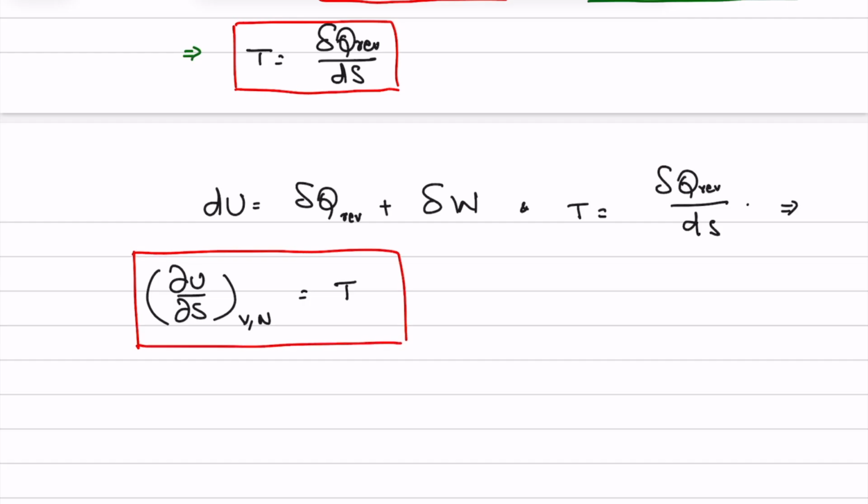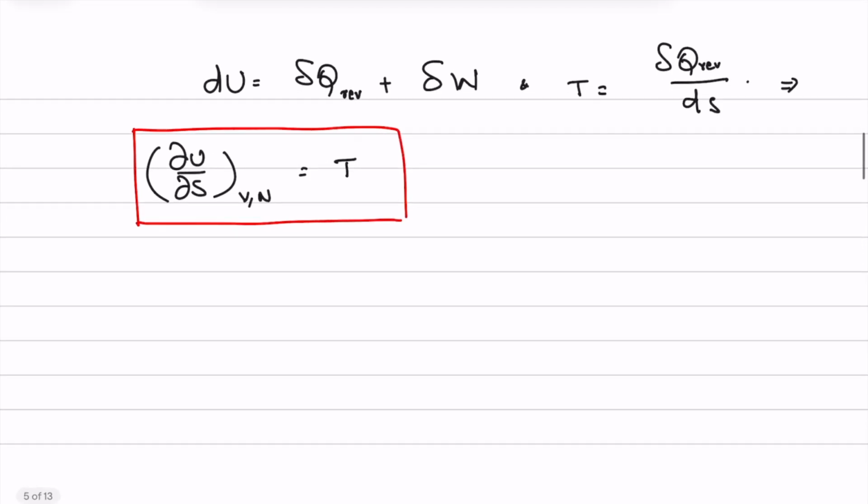The temperature from the fundamental equation of thermodynamics is represented like this. That means the temperature is nothing but the change of internal energy with respect to entropy.